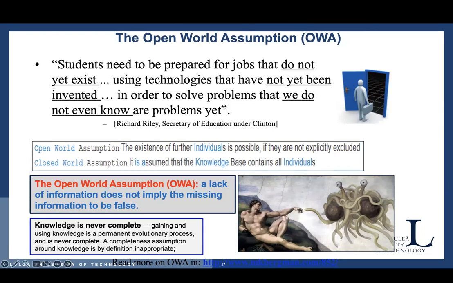The open world assumption is the opposite of the closed world assumption, in that if knowledge is not present in a certain context, it doesn't mean that it is false. We need to build a system that operates within these environments, and that is challenging.